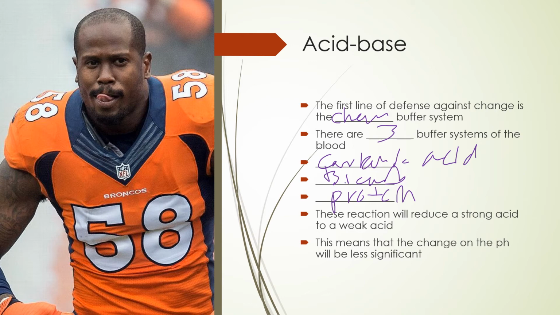Who knows, right? Ultimately what's going on here is you're turning any of the strong acids in your body into a weak acid. That's what all 3 of these subcategories within the chemical buffer system do. They turn it from a strong acid to a weak acid.